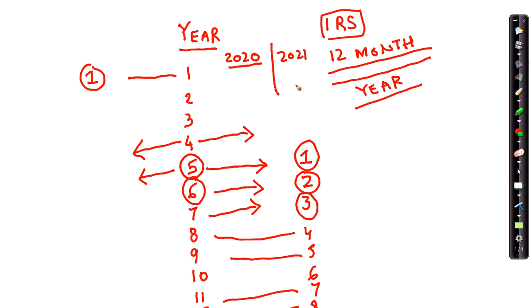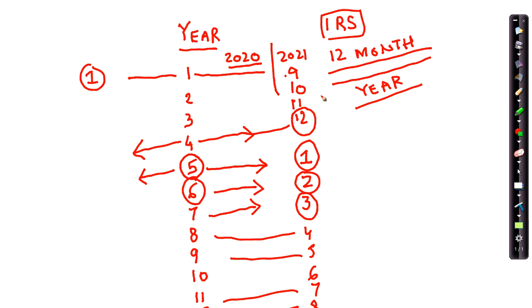Now in 2021, your ninth period will be January of 2021. 1, 2, 3, 4, and then your 11th and 12th period. So your fourth month will be the 12th period.